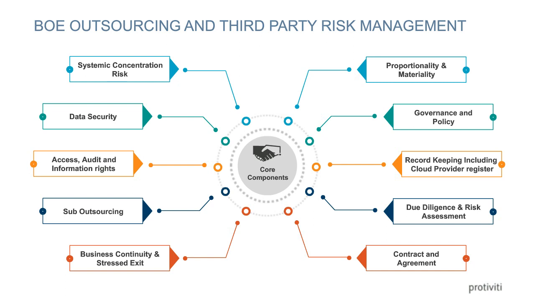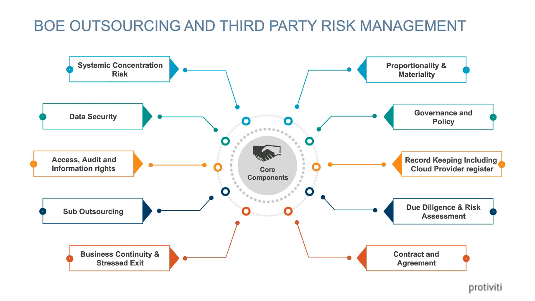Just moving around on the left-hand side, data security is probably, particularly within the information economy, a focus area for many organizations in terms of assessing the information security and the information risk associated to their third parties. So probably an area that's slightly more mature than some of the other areas of operational risk.